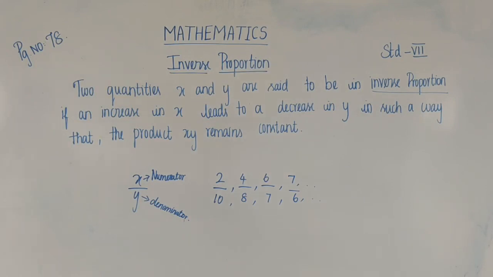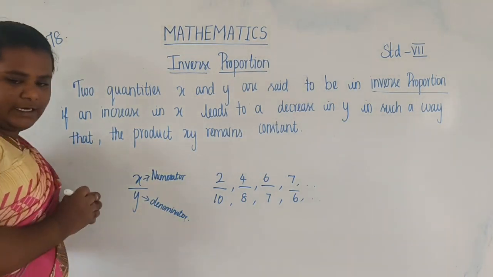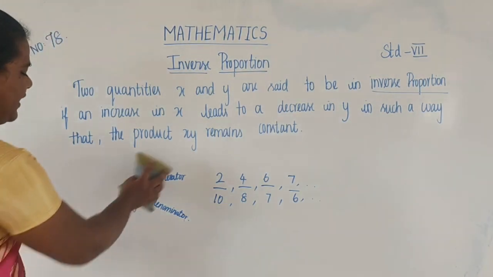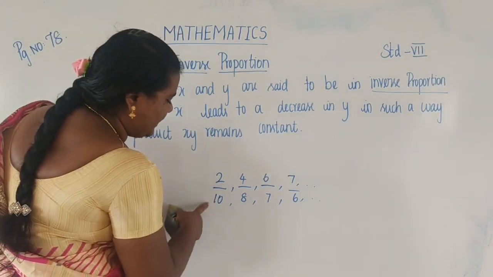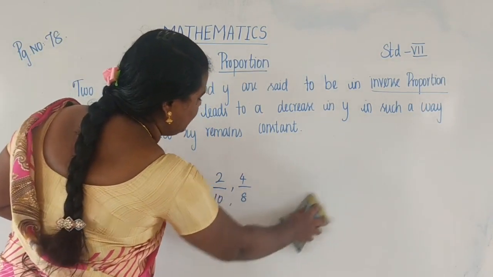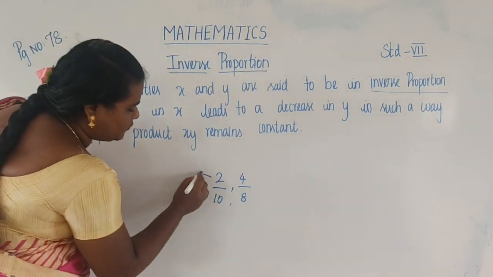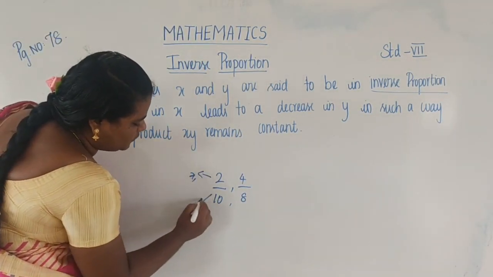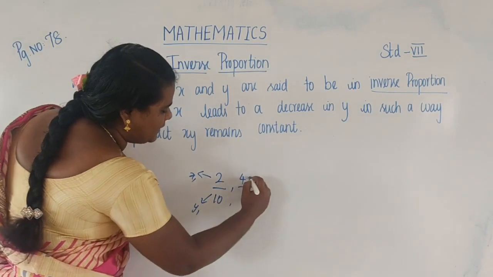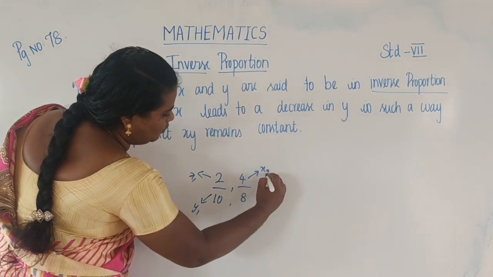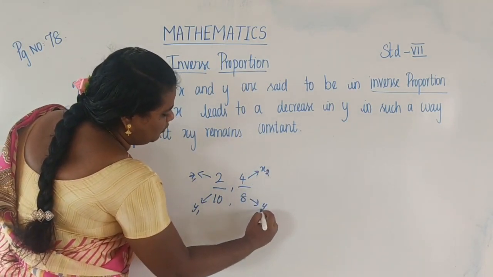Can you understand, students? For example, we take two fractions, 2 by 10 and 4 by 8. So this one is x1, this one is y1, and this one is x2, this one is y2.